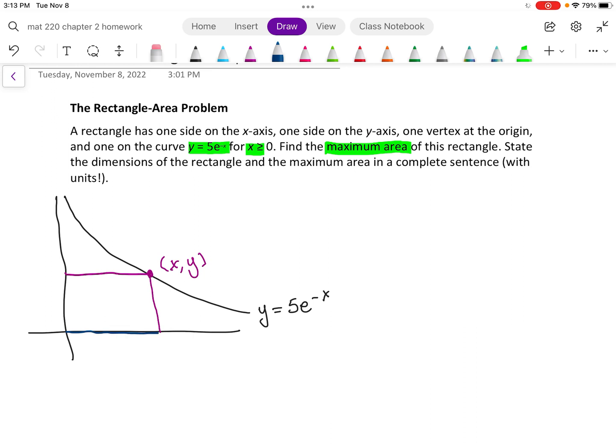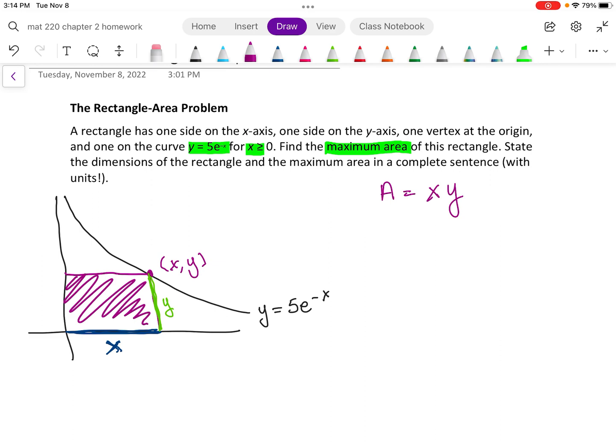So this length right here along our rectangle is a length of x. And the vertical distance on a coordinate plane that we travel to an ordered pair is our y value. So we have an x and a y. If I want to find the area of that rectangle, the area would just be x times y.